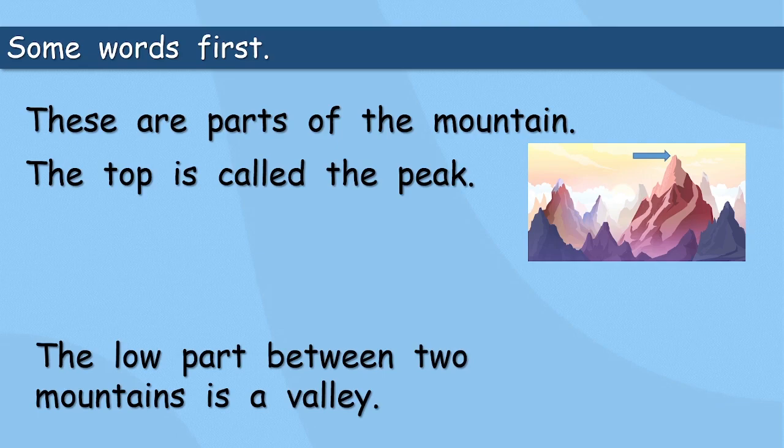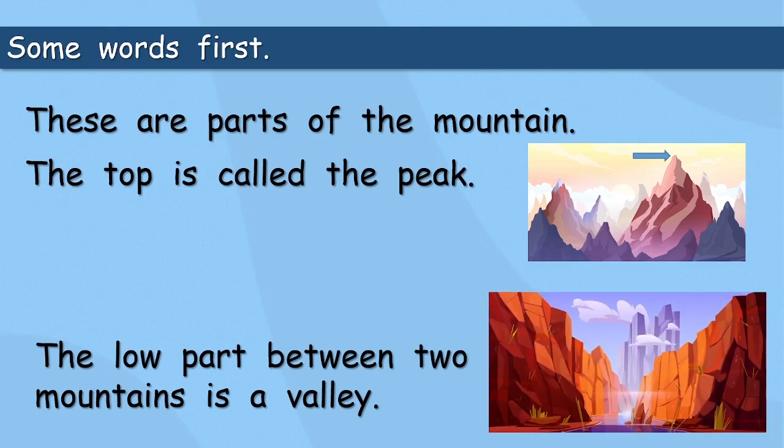The low part between two mountains is a valley. I think that one's easy to remember because it makes a V shape. Valley. They're usually quite beautiful. Usually they have a river at the bottom because all the water runs down the mountains.